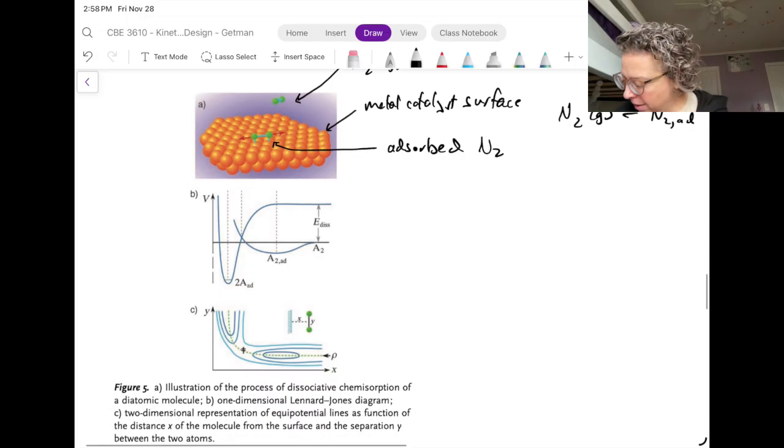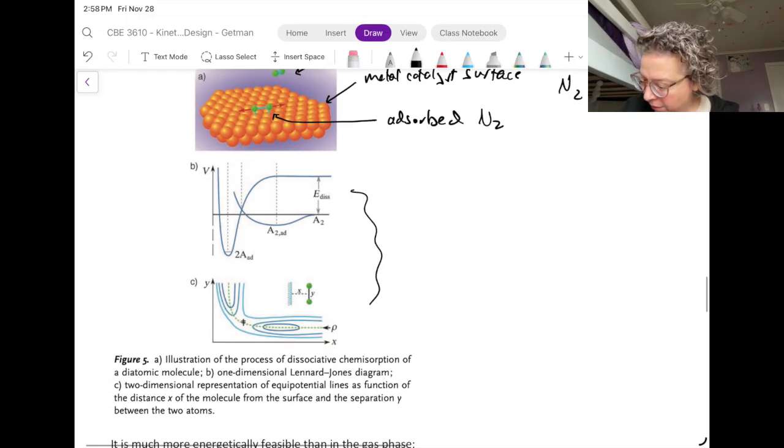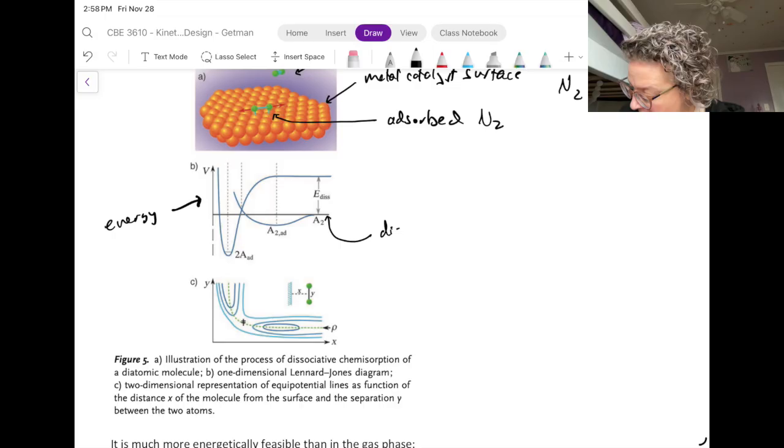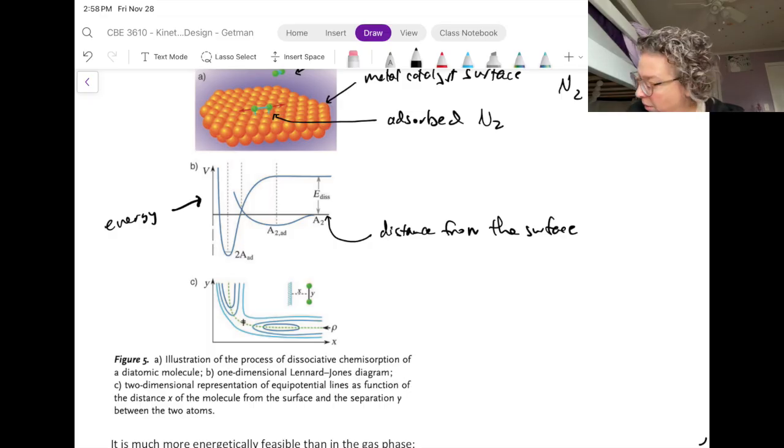These right here are the energies involved in the process. So this is an energy axis. This axis right here is the distance from the surface. And here we have our 1D representation of this, and here we have our 2D representation of this.